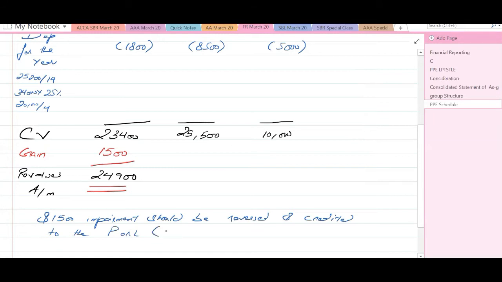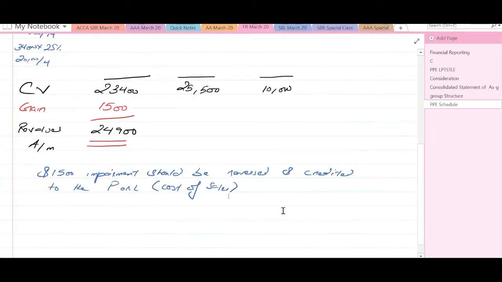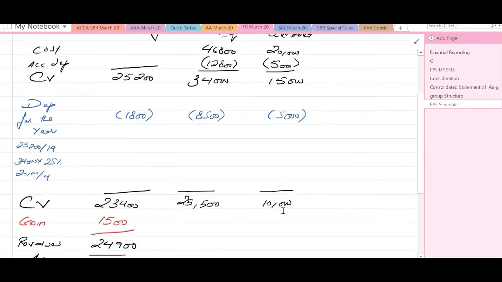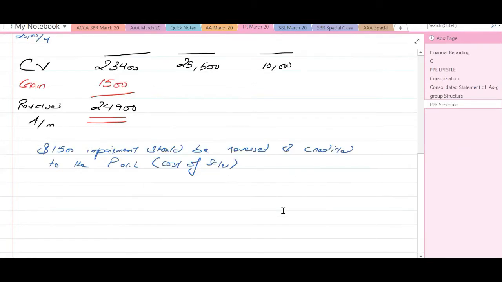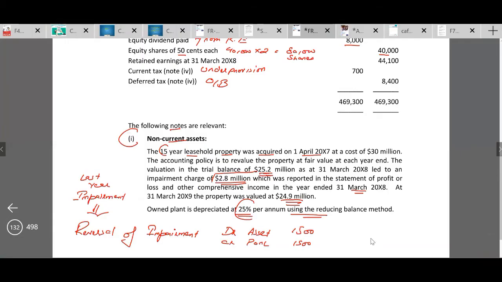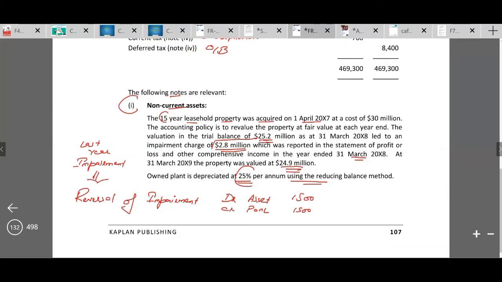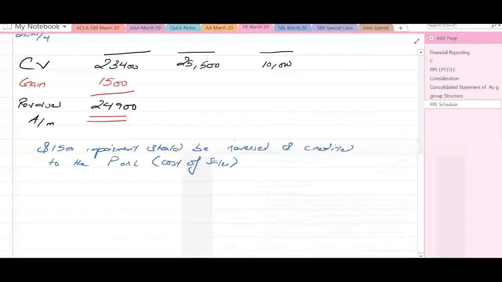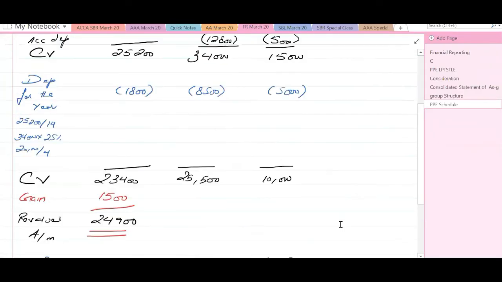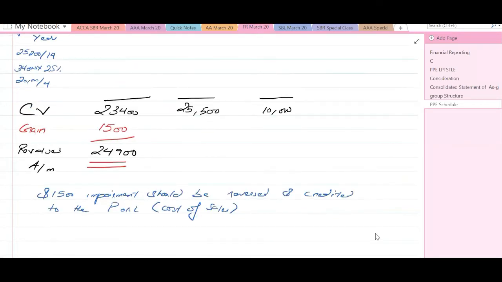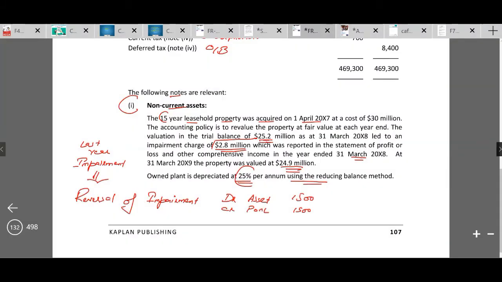So you can allocate it to the cost of sales. All right. So we have done this working. Okay, now what was the depreciation charge? So the depreciation we have calculated is 1,800, 8,500 and 5,000, which we'll be using later on.